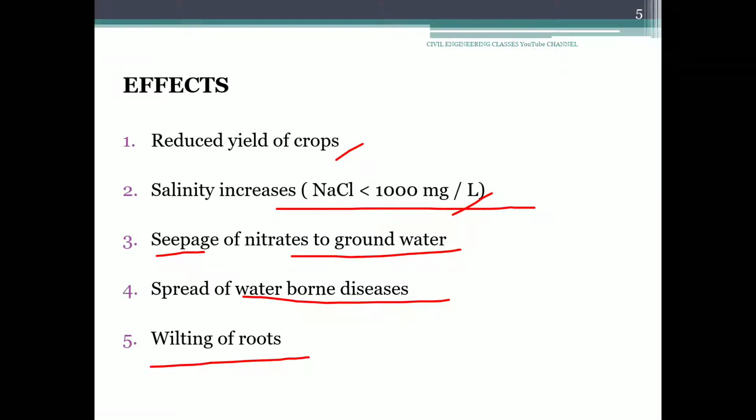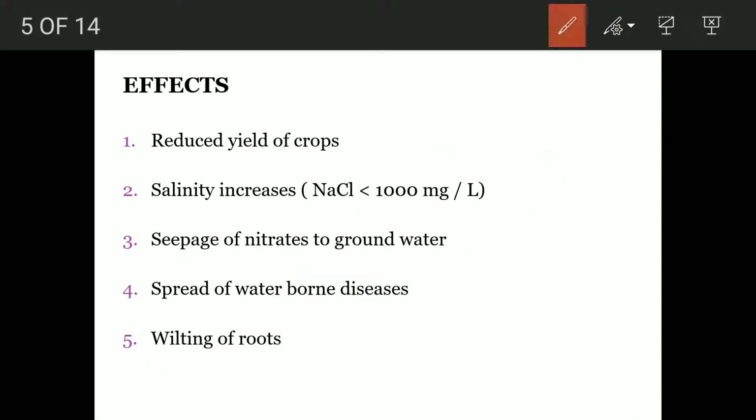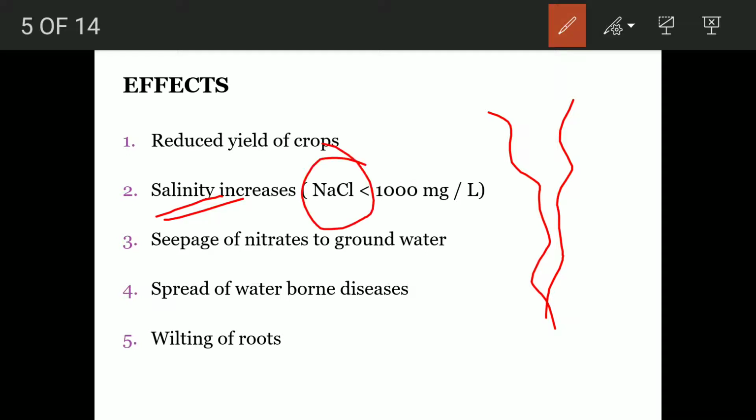Let's see how this wilting of roots will happen. Imagine these are our roots. As we said earlier, the salinity of the water or the soil increases. The harmful salts include NaCl, Na2CO3, Na2SO4, like that.